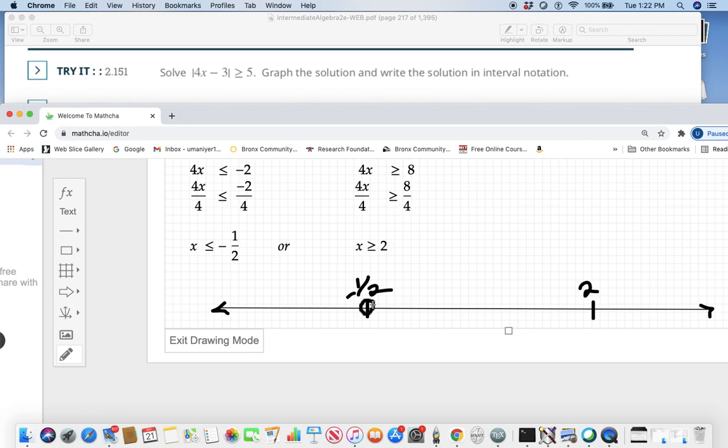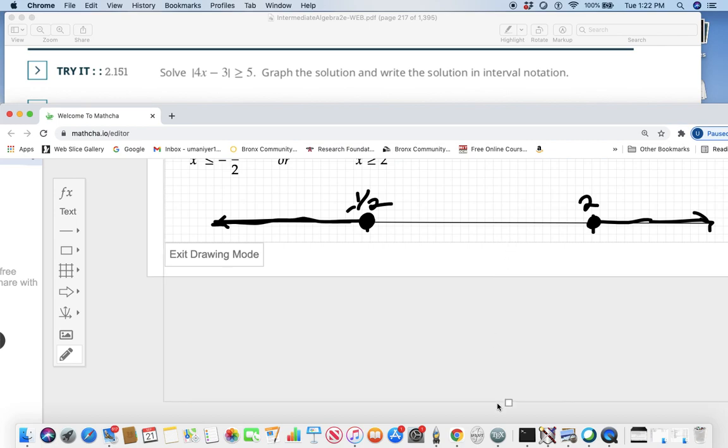That equal sign tells me include negative half. 2 is included. That equal sign tells me to include it. The first thing says x is less equals negative half. So you are to the left of it. Or if x is not here, look for x here. X is greater equals 2.